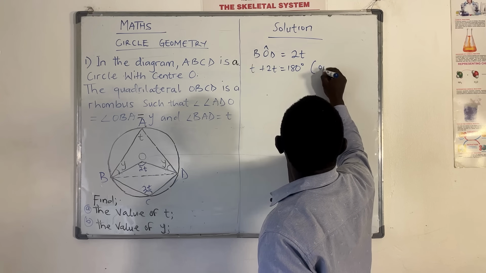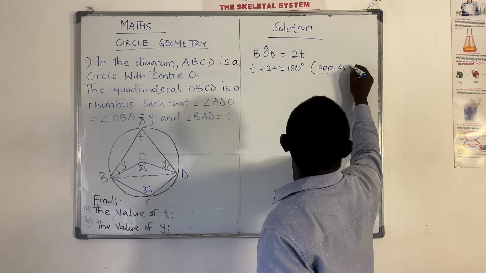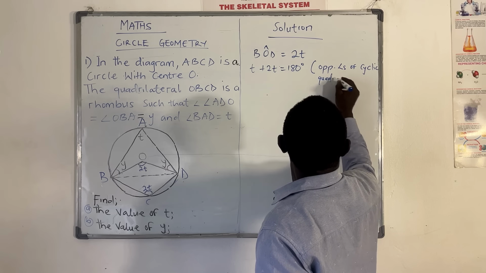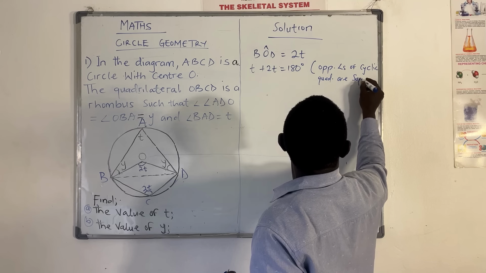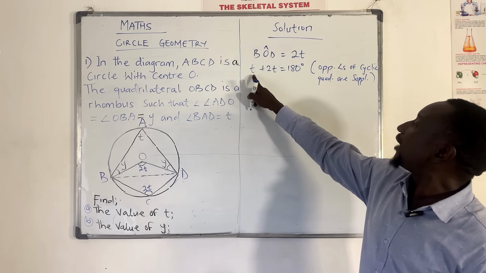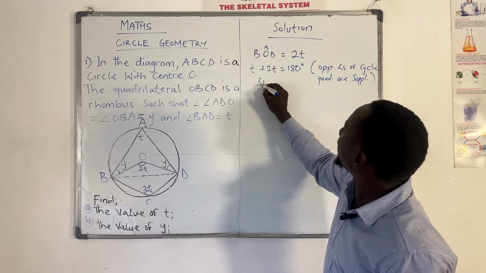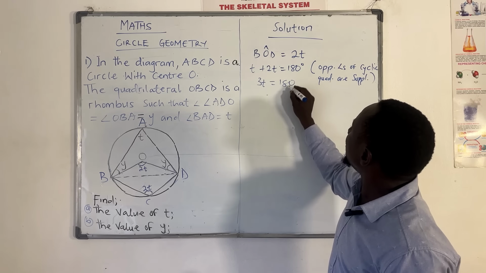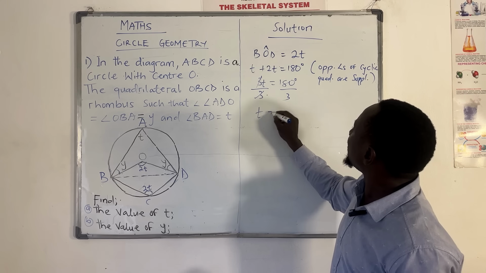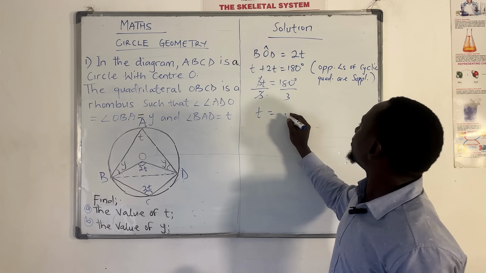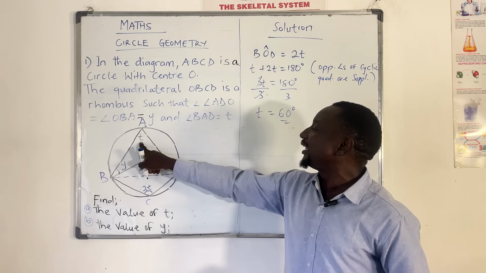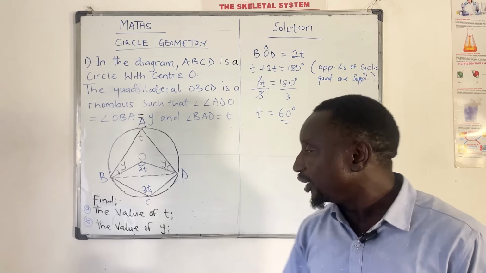Reason: opposite angles of a cyclic quadrilateral are supplementary, meaning when you add them, they amount to 180. So T plus 2T will give you 3T, is equal to 180 degrees. Divide both sides by 3. This will cancel this. Our T is equal to 18 divided by 3 is 6, 0 divided by 3 is 0, so it means our T is 60 degrees.